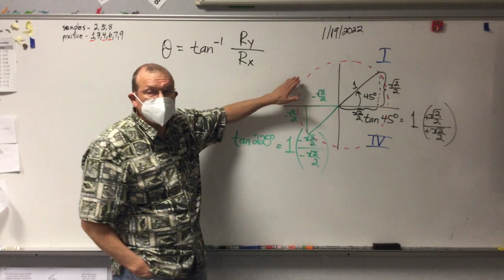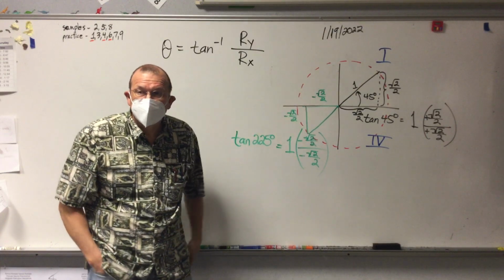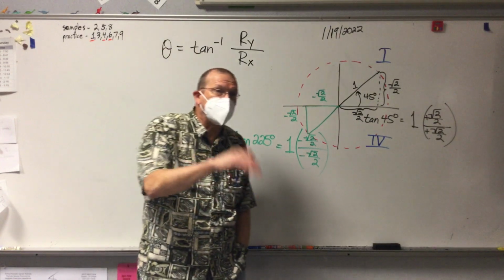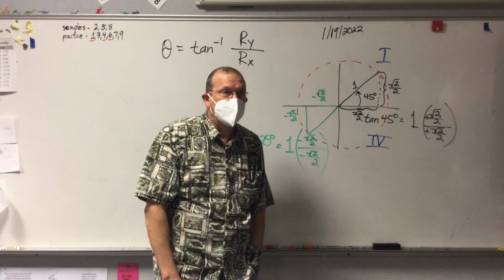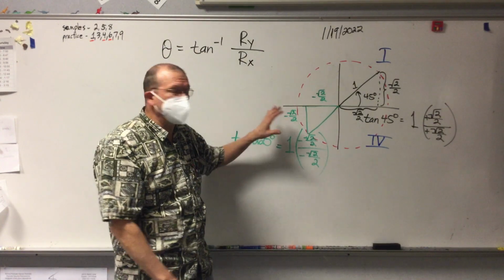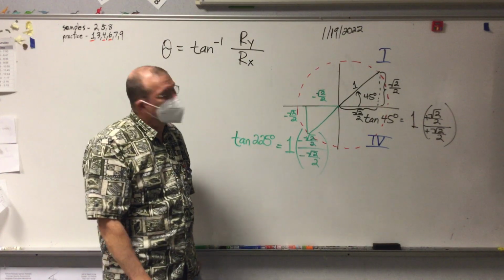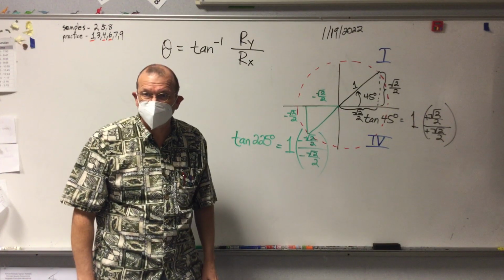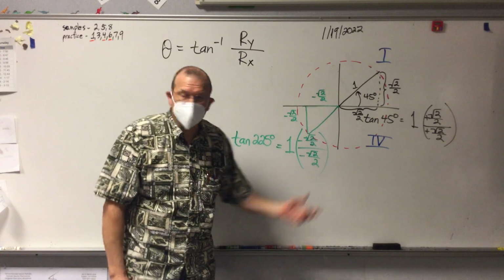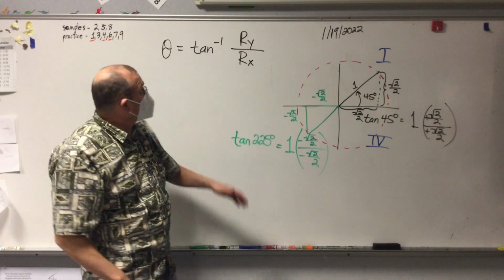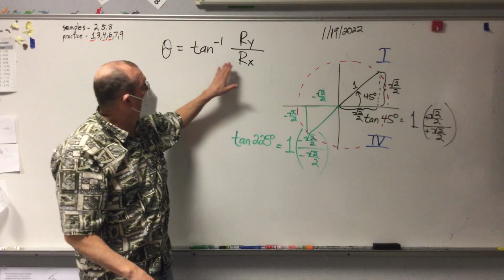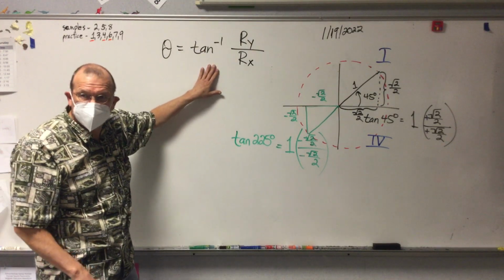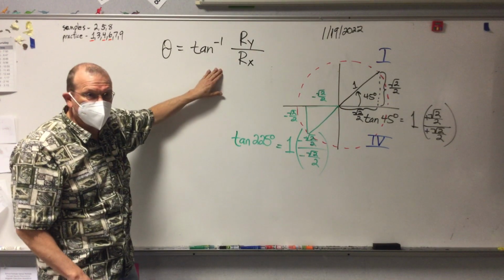So when you are actually in the second and third quadrant, your calculator will never give you those angles. And you have to realize as you do your arctangent step, where is my answer pointing in the first place? So we are going to address that here, because this equation for our arctangent step is a good one.